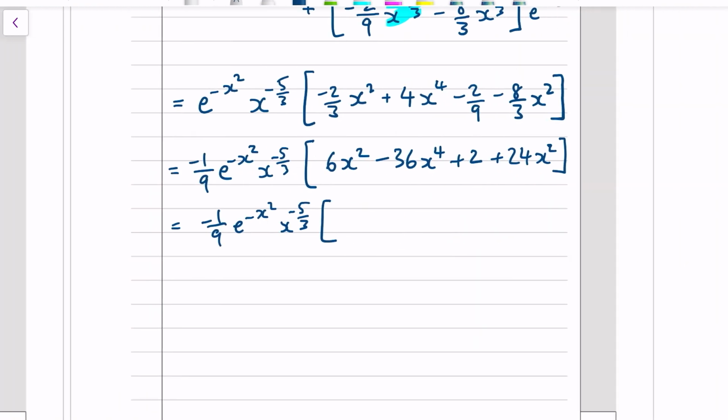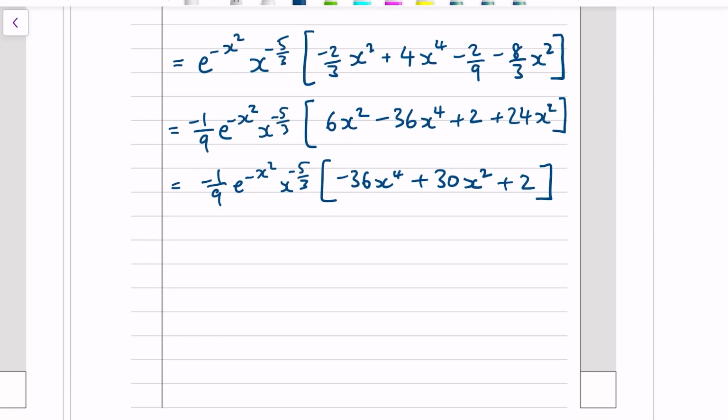Okay, so we've got negative 36x to the 4 plus 30x squared plus 2. Solving equal to 0, we've got a disguised quadratic out of the quartic.